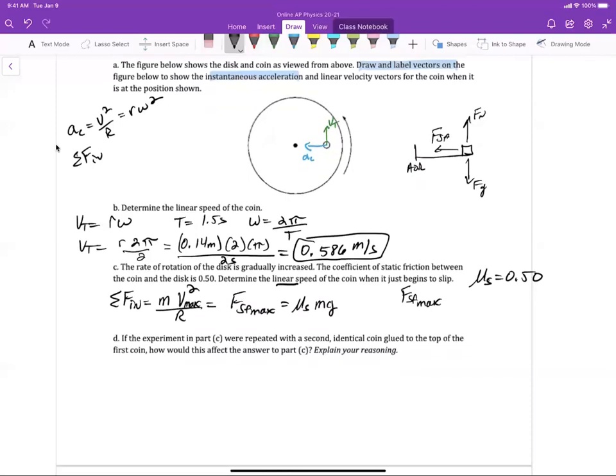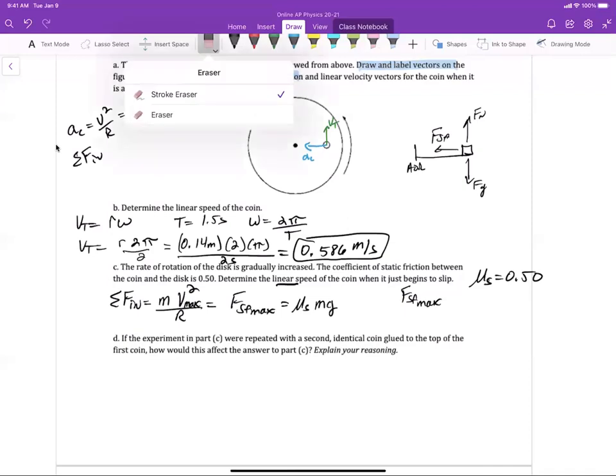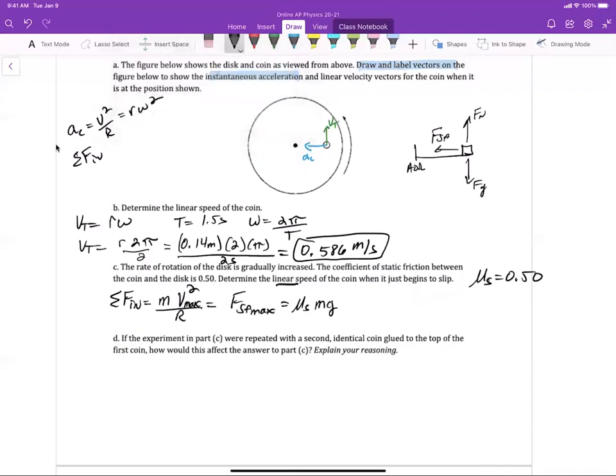Solving for V max, I get V max squared equals mu s mg times the radius divided by m.